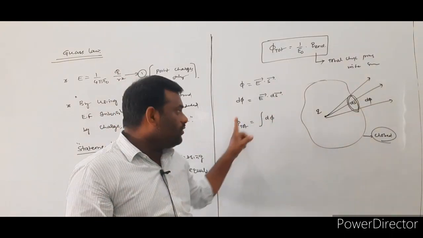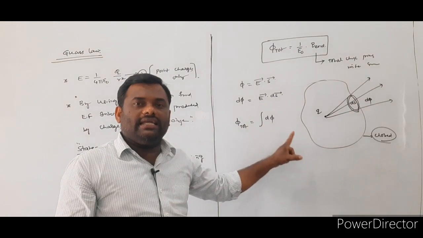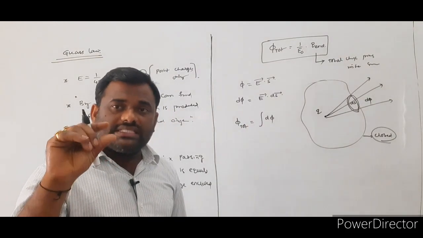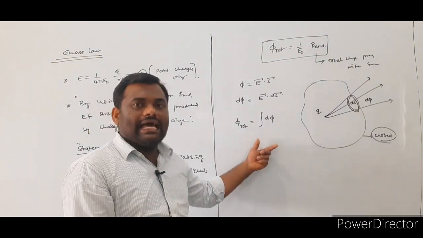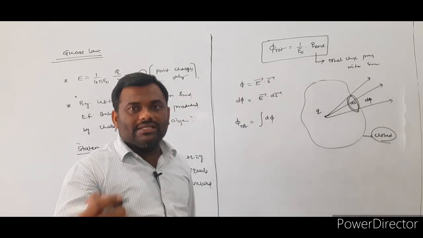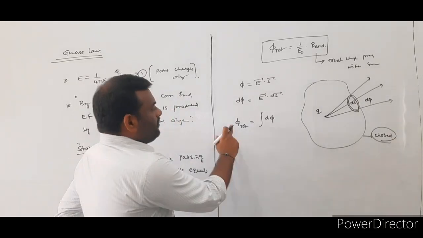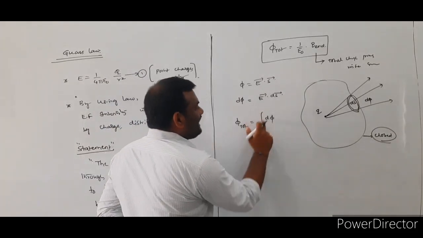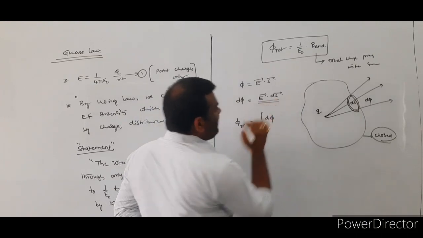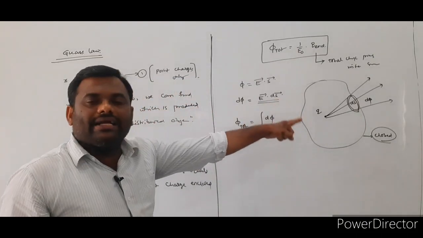Total flux is equal to the integral of d phi. Already we know, if you know the small value, for calculating the entire thing, we have to consider the integration. Therefore, total flux is equal to integral d phi, but d phi is equal to E bar dot ds bar.